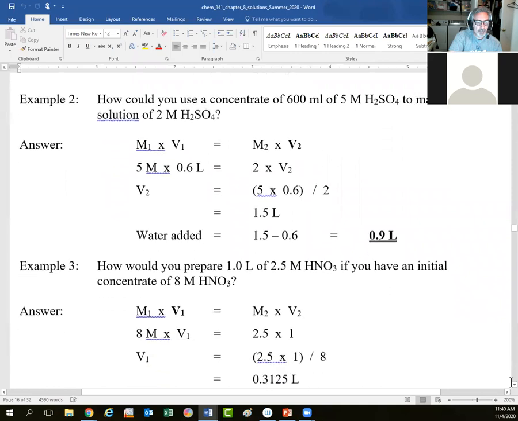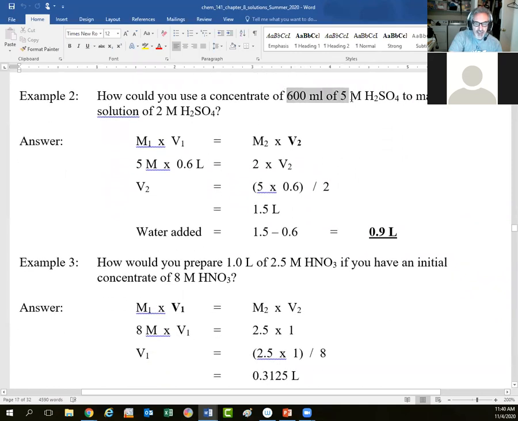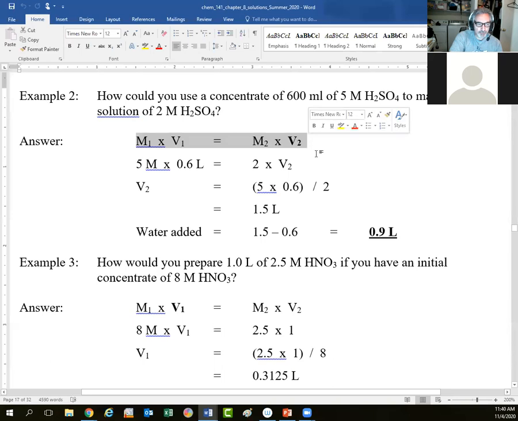Next one, this time 600 milliliters of a solution at a concentration of 5 molarity for sulfuric acid. If you want to make it to a molarity of just 2, how much water would you add? So again, M1 times V1 is equal to M2 times V2. We know the initial concentration of the acid, 5 molarity.